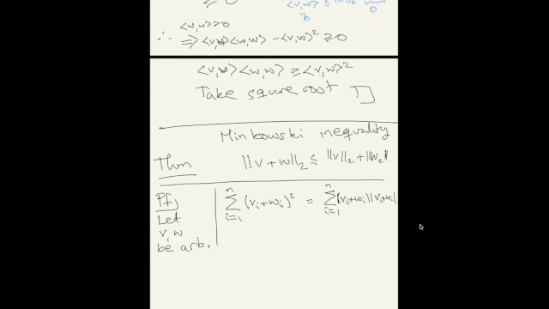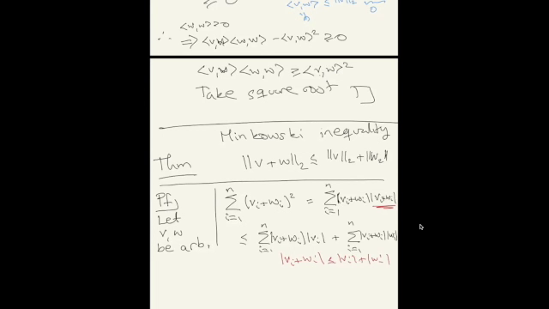Then we will use the usual triangle inequality to say that this is less than or equal to the sum of |Vi plus Wi| times |Vi|, plus the sum of the first term times |Wi|. So here we used that the absolute value of Vi plus Wi is less than |Vi| plus |Wi|.